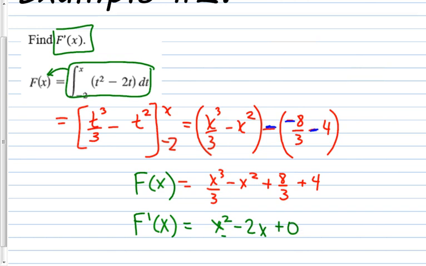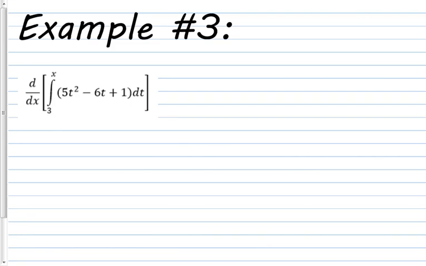If you look at this right here, it should look exactly like this, only that instead of t's, it's x squared minus 2x. Same exact thing. And that's the fundamental theorem of calculus, at least one part of it. Okay, so this right here should be very easy. You should be like, oh, there's a t, and that's it, no more t's.